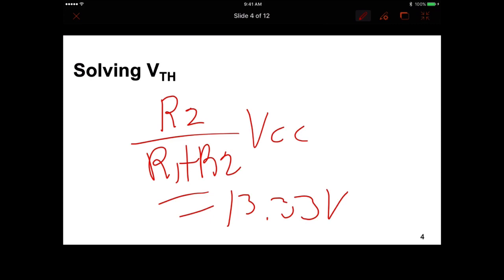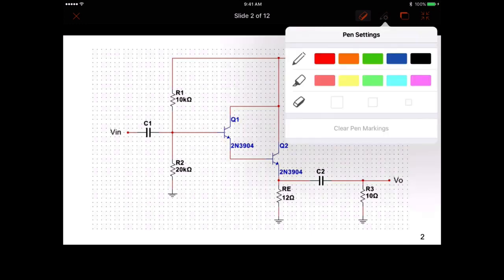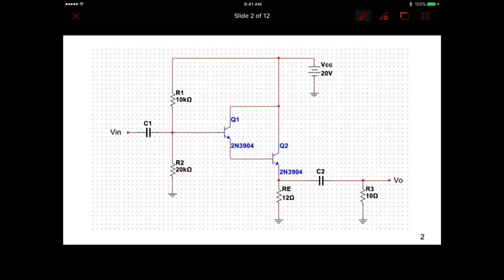Okay, solving for emitter voltage VE. We're going to forego calculating IB like we normally would, because we know that the input impedance is so high. So this is a very good approximation. If we know the base voltage, we can just subtract the two base-emitter drops.